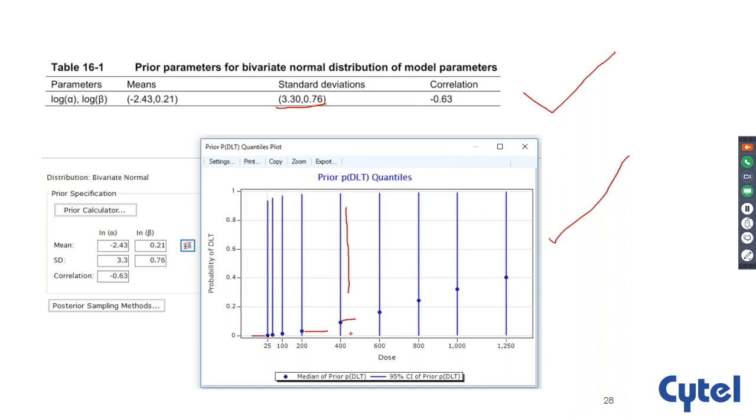And this is, in this particular case, the prior uncertainty that was undertaken. So you are almost certainly assuming that there's going to be a flat prior at each dose level. So you're not trying to bias your results by imposing too informative priors.